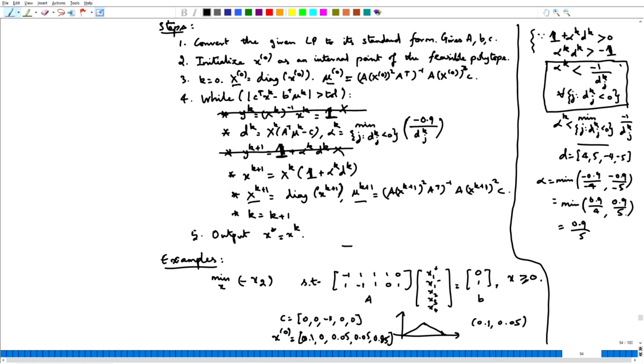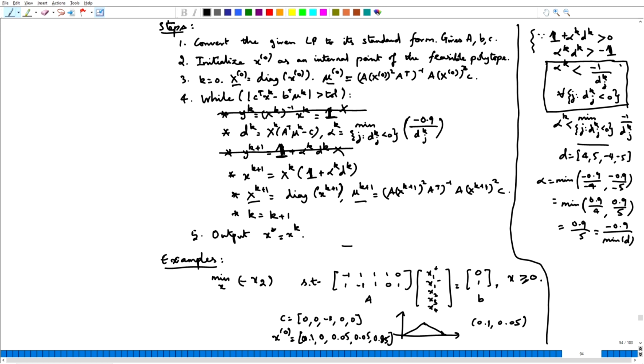Since 5 is greater than 4, 1 by 4 is greater than 1 by 5. So, it has to be 0.9 by 5, which is actually minus 0.9 by min of d, right. So, min of d is minus 5, right. So, the quantity I have written here is equivalent to minus 0.9 by min of d, right.